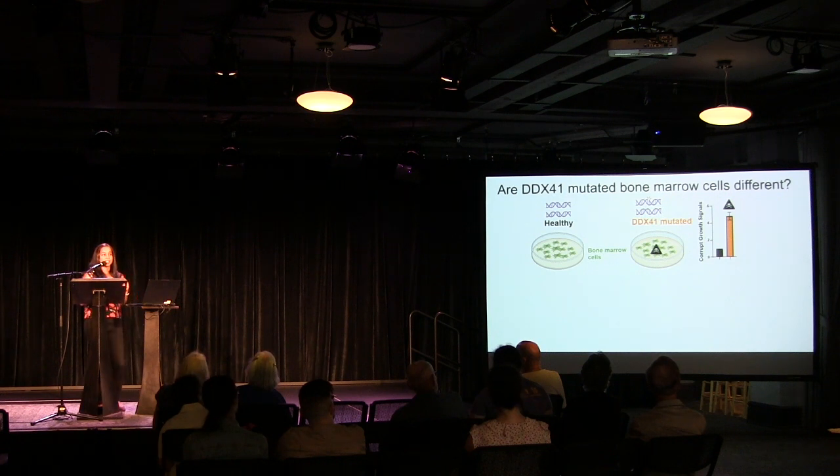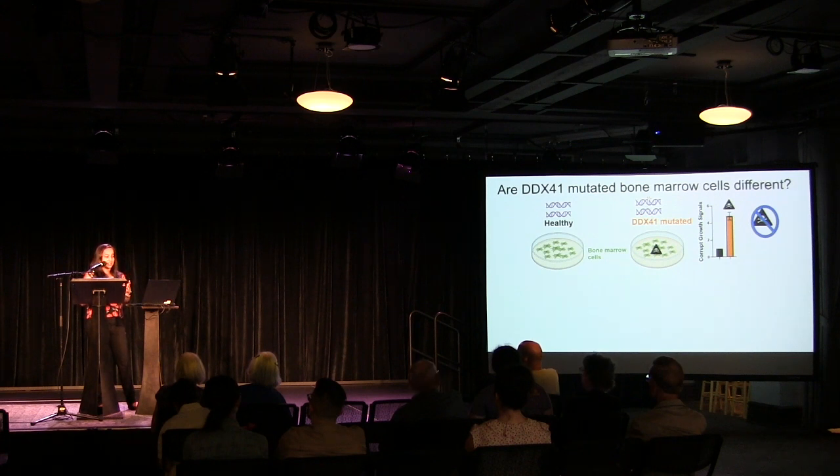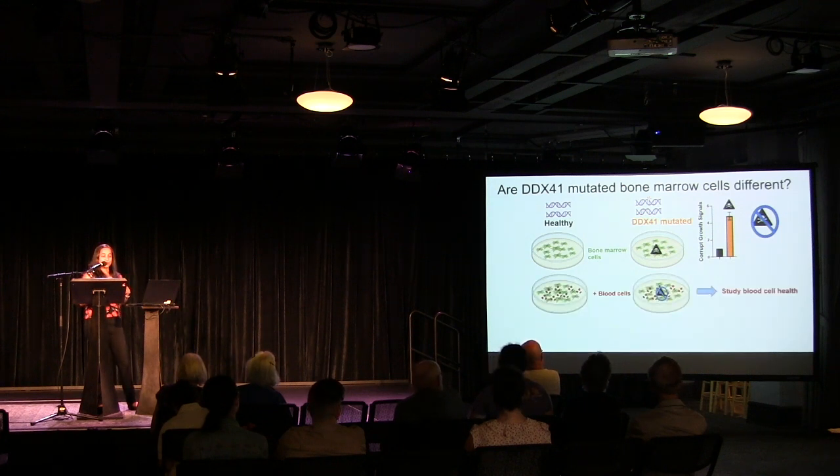So the idea is that if we are able to identify these corrupt growth signals in the mutated bone marrow, can we use drugs to basically try and block them or reduce their presence to fix the defective bone marrow environment? So next, what I can also do is throw blood cells into this mix.